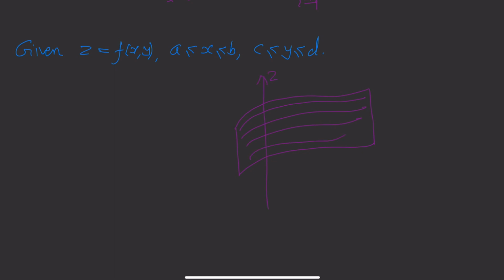This is z, and say this is x and y. Then here we have x from a to b and y, say, from c to d, and corresponding to this we have this particular object, and we are interested in the volume of this.